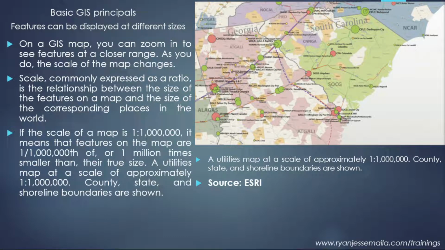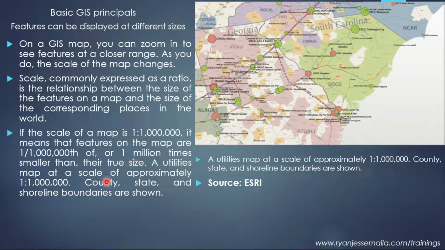If the scale of a map is 1 to 1 million like this one, it means that the features on this map are 1 million times smaller than their true size. So this is what the scale is all about.